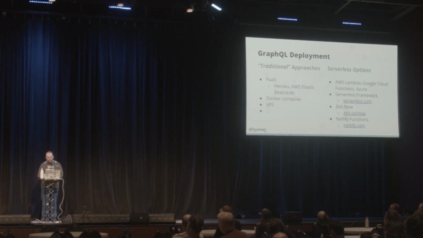And that's nice. And there are even tools built on top of Lambda, Google Cloud, like Serverless Framework, or ZEIT Now, or Netlify, that basically give us really, really nice developer tooling that takes care of packaging up our code and shipping it to AWS or GCP and creating a cloud function for us.